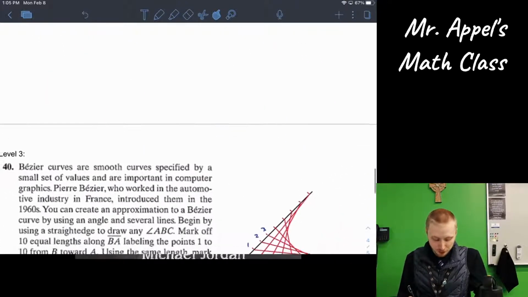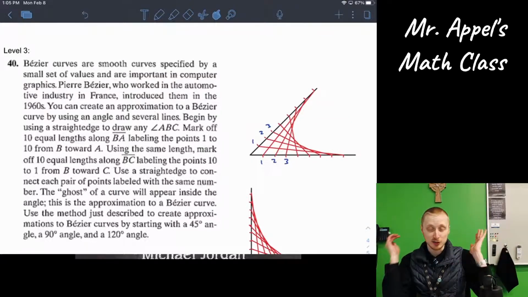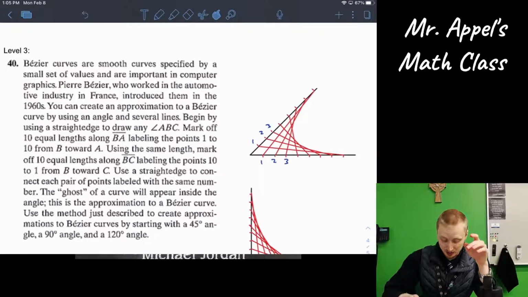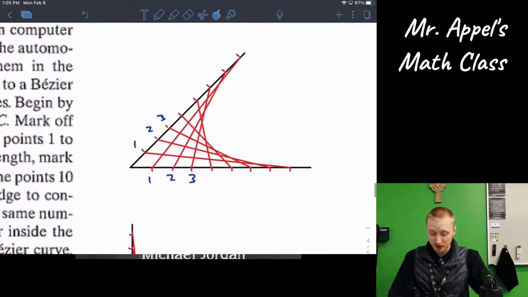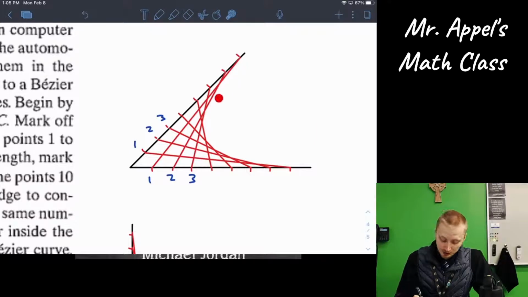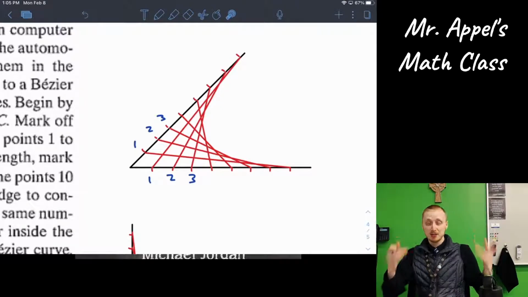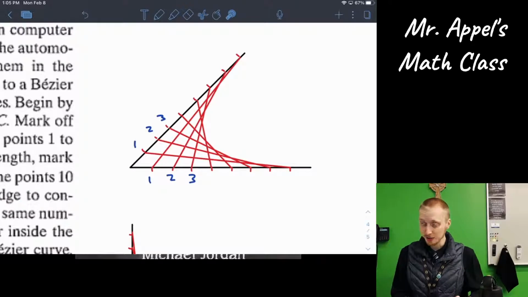And then level 3, I preempted this in the directions to say, hey, check this one out, because you're going to make a really cool picture. Look at this. The Bezier curves refers to this curve inside of here that is created out of straight lines. So if someone asks you, hey, riddle me this, how can you create a curve using only straight lines?